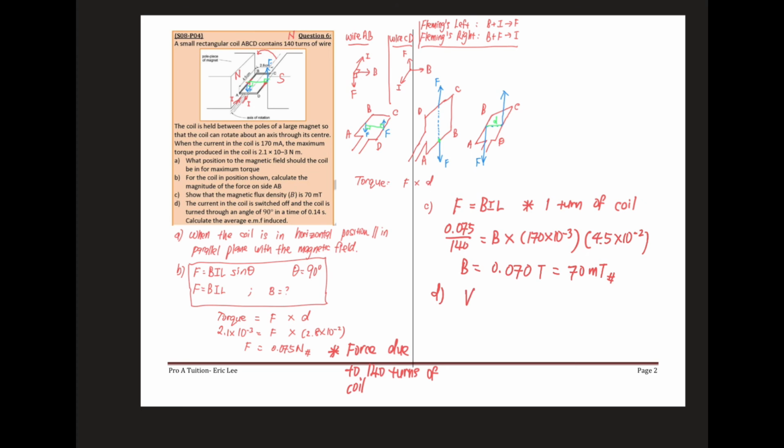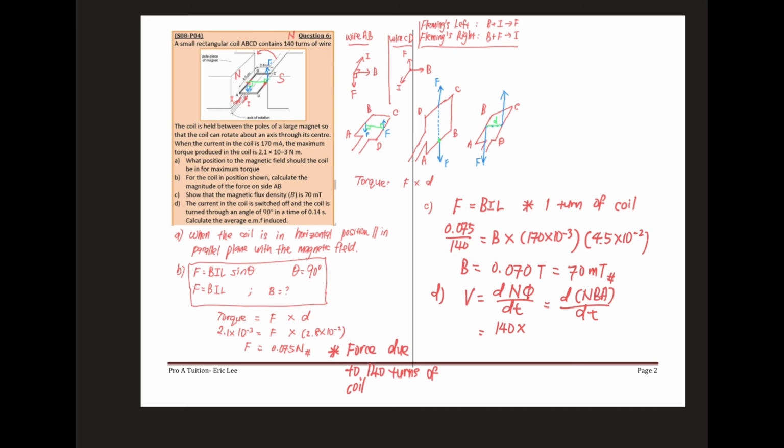So V equals d N phi over dt, which is d N B A over dt. N is 140, the number of turns of the coil, and the magnetic field is 70 millitesla.